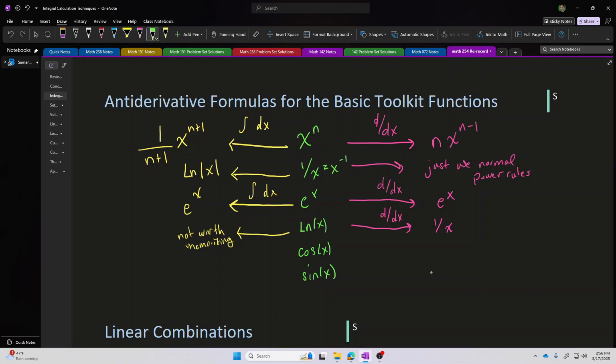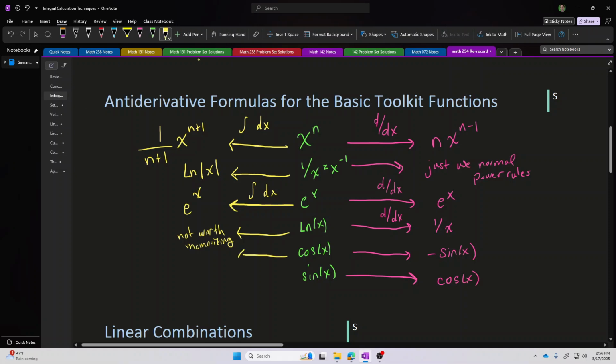Now moving on to sine and cosine, if I take the derivative of cosine, the result is negative sine. If I take the derivative of sine, the result is cosine. And the antiderivatives are backward. If I take the antiderivative of cosine, the result is sine.